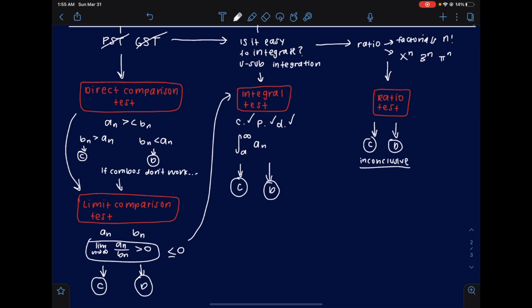Now, if you do happen to get an inconclusive answer, and your series contains a factorial, that is a little bit complicated, right? You don't want to be using integral tests because you just don't want to take the integral of a factorial.